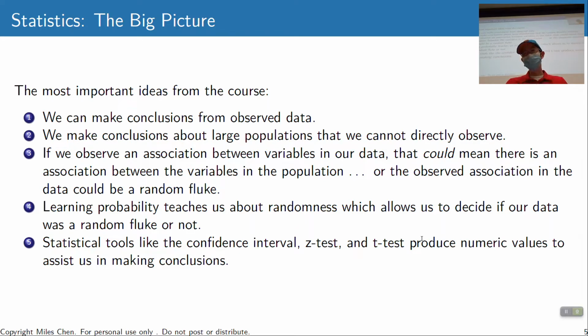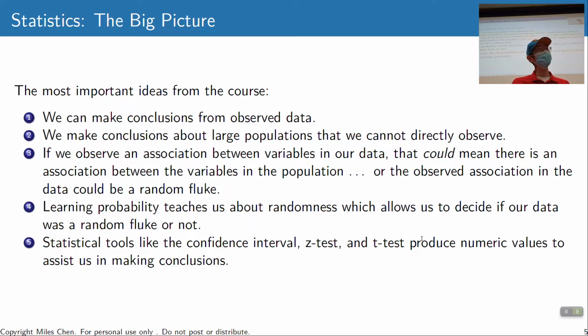Today we're going to learn about probability, and the reason why we have to learn about probability is because probability teaches us about randomness, and if we understand randomness, that will help us to decide if the data we saw was a random fluke, or if there's something more to it. So we have tools like the confidence interval and z-test and stuff, and that comes later.